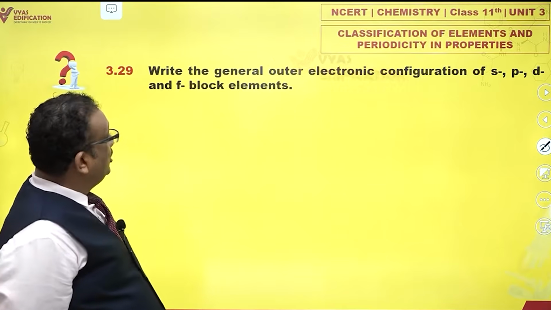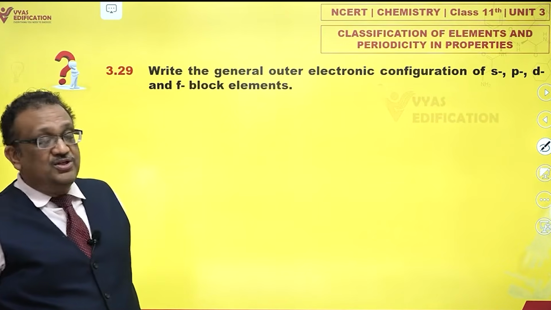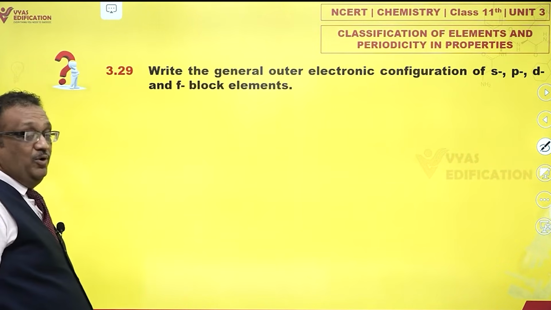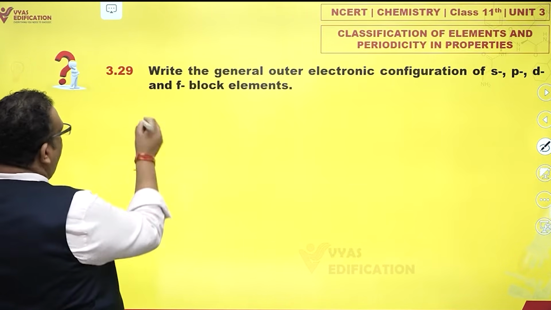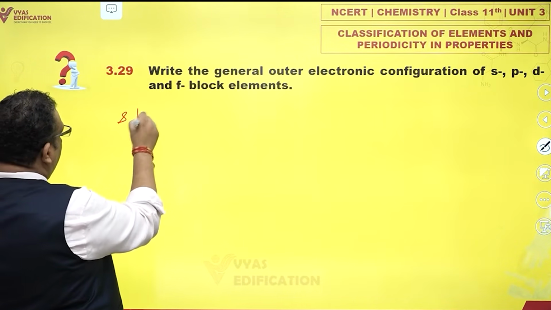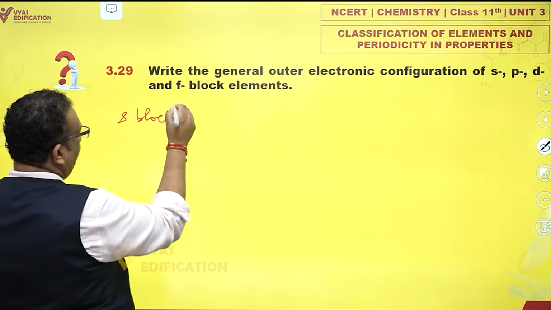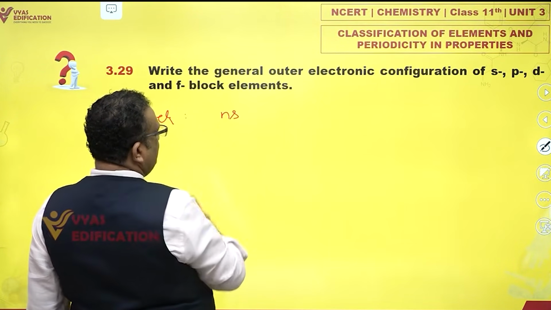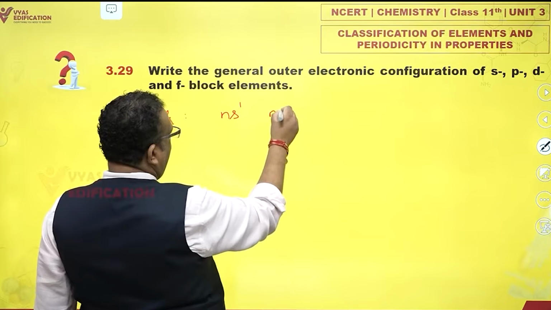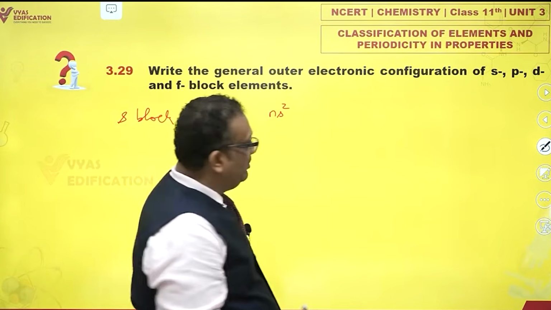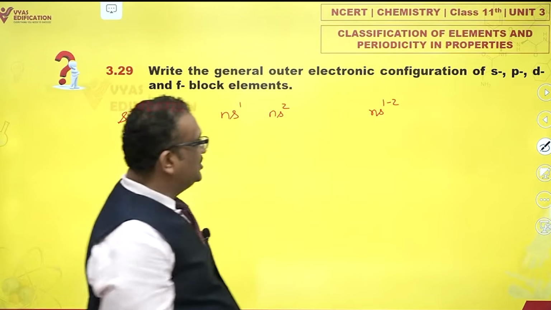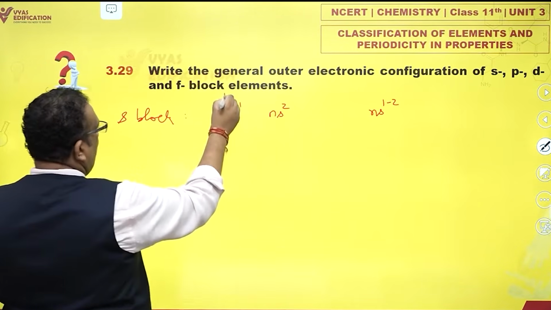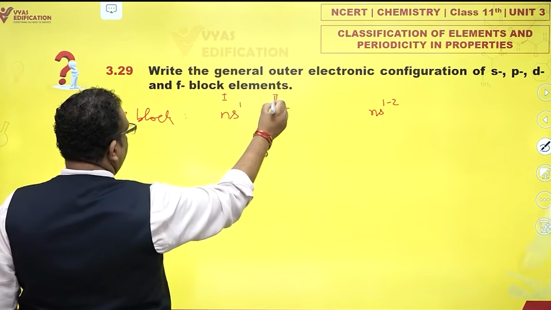Right? Write the general outer electronic configuration of s, p, d and f block elements. That's not very difficult. Amongst s block elements, you have ns1 and ns2. So sometimes people write it ns1 to 2. That is the general configuration. This is group 1 and this is group 2.